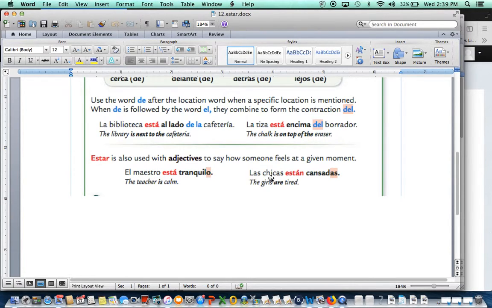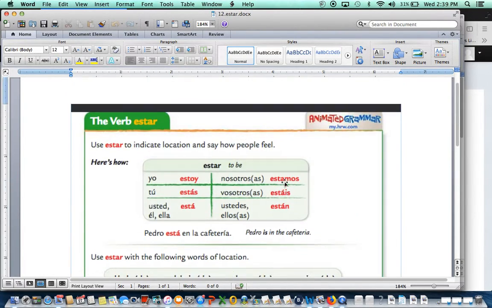Look at this one. Las chicas están cansadas. The girls are tired. We're talking about multiple girls, okay? So, están cansadas, no cansados, no cansado, cansadas. Everything has to match in number and gender.